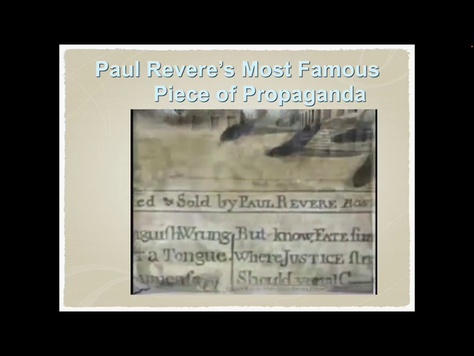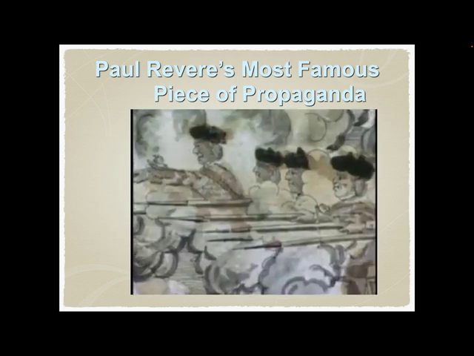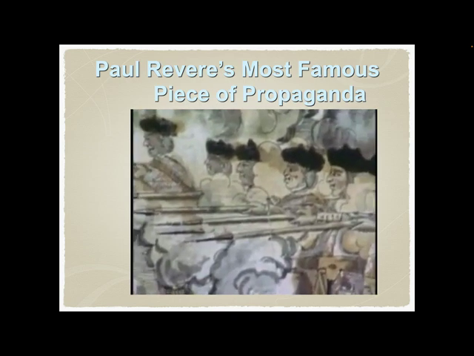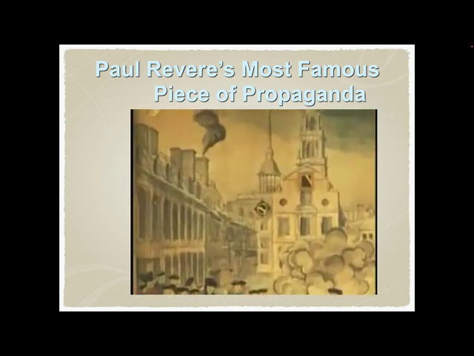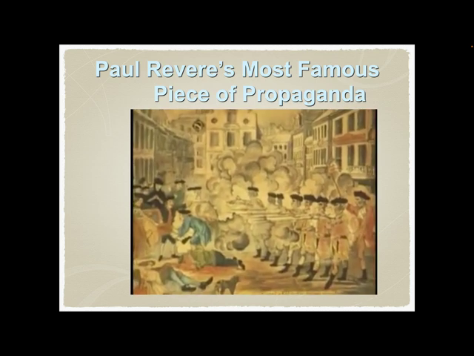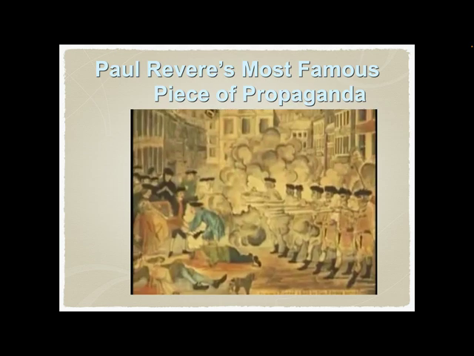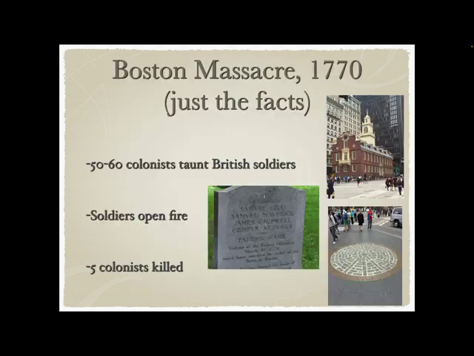The patriot Paul Revere created it 5 years before his legendary midnight ride. The widely circulated picture shows a small group of unarmed civilians being cut down by a volley of musket fire. The picture has been reprinted in countless history books and pamphlets and has been the defining image of the incident for more than 2 centuries.